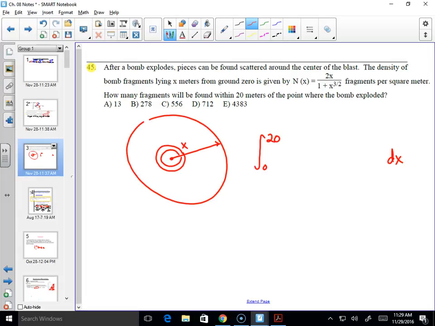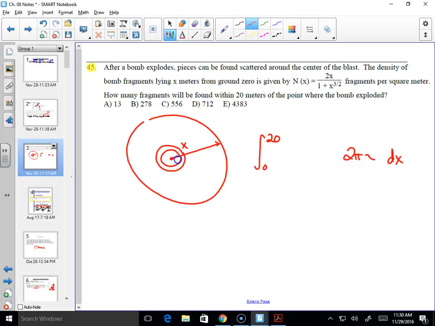Washers is 3-dimensional, so you're doing area times another dimension. This one, we're just doing surface area, not volume. So we're just going to do the linear measurement, which is circumference, times the width of the strip, which is dx. So what's circumference? 2 pi x.